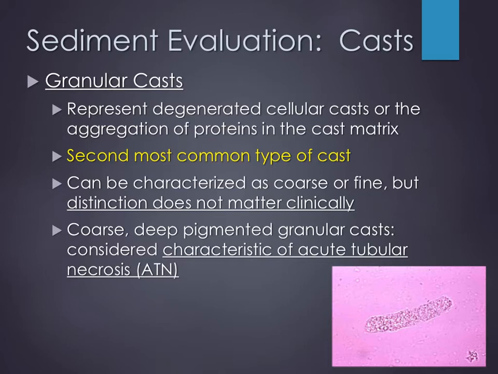One thing to note, though, is that when you see coarse, deep, pigmented granular casts, that's generally indicative of acute tubular necrosis. So when you have that on a urine sediment test, and they tell you you've got these coarse, deep, pigmented granular casts, you have to assume, or at least consider the possibility that this patient has acute tubular necrosis.